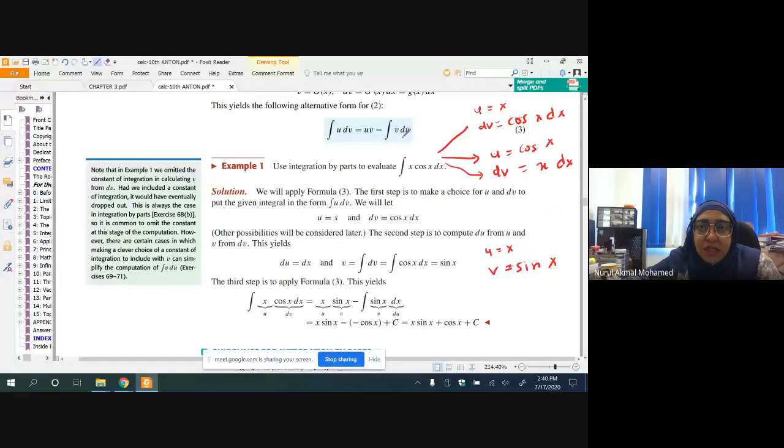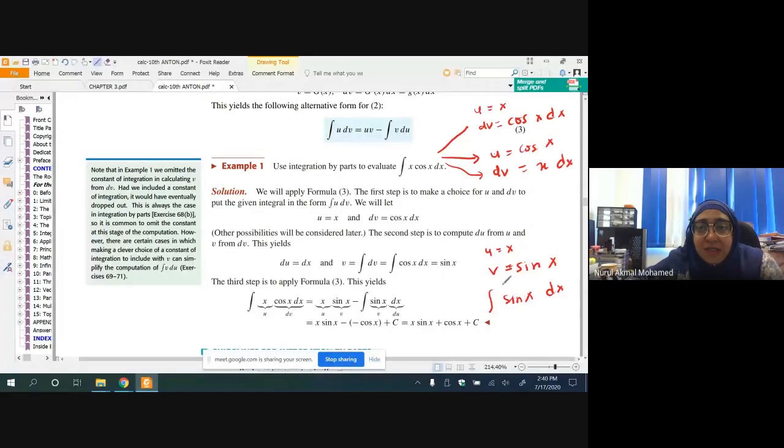For the integral of v du, is it easy for you to solve this new integral? The v here is sine x, and du is dx. It means that you have to integrate sine x dx.